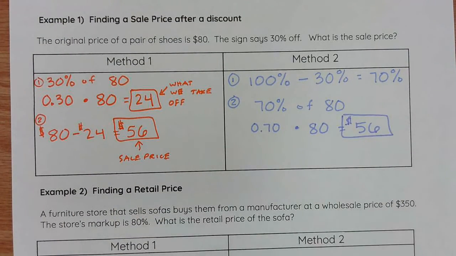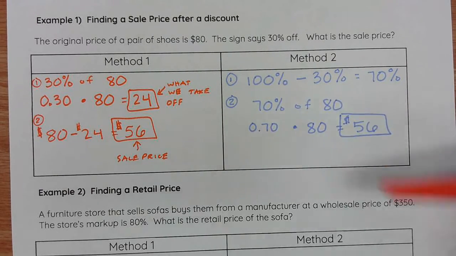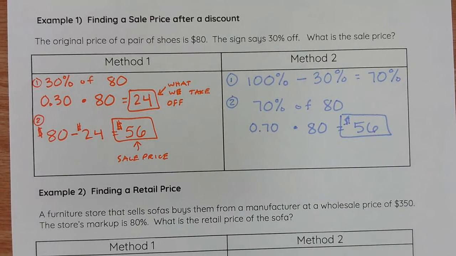Method 2 has its advantages, and method 1 has its advantages. So method 1 is how we've thought about percentages all along. The advantage to method 2 is we're going to subtract from 100 every time, because 100 is the original or the whole price. Subtracting from 100 is very simple math.